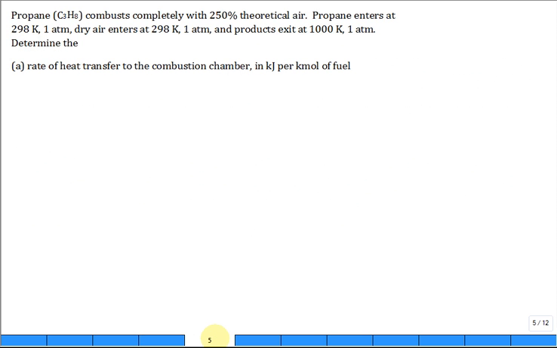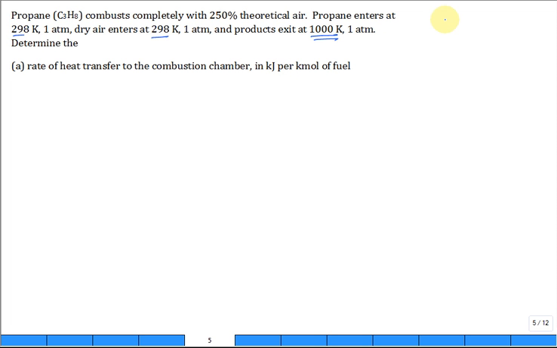So propane, C3H8, combusts completely with 250% theoretical air. Propane enters at standard 298, and dry air enters at 298, and products leave at a toasty 1000 Kelvin. Determine the rate of heat transfer to the combustion chamber in kilojoules per kilomole Kelvin.